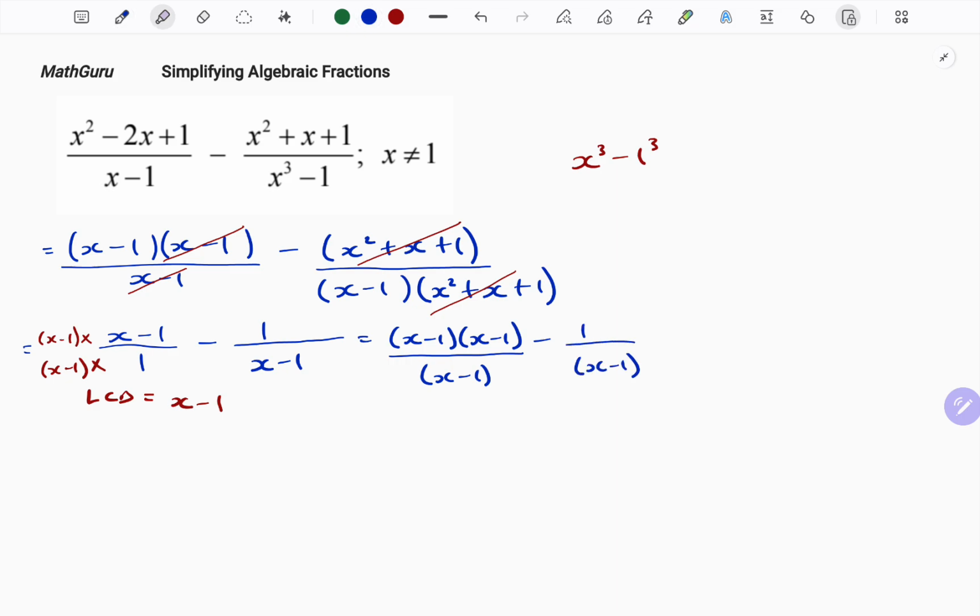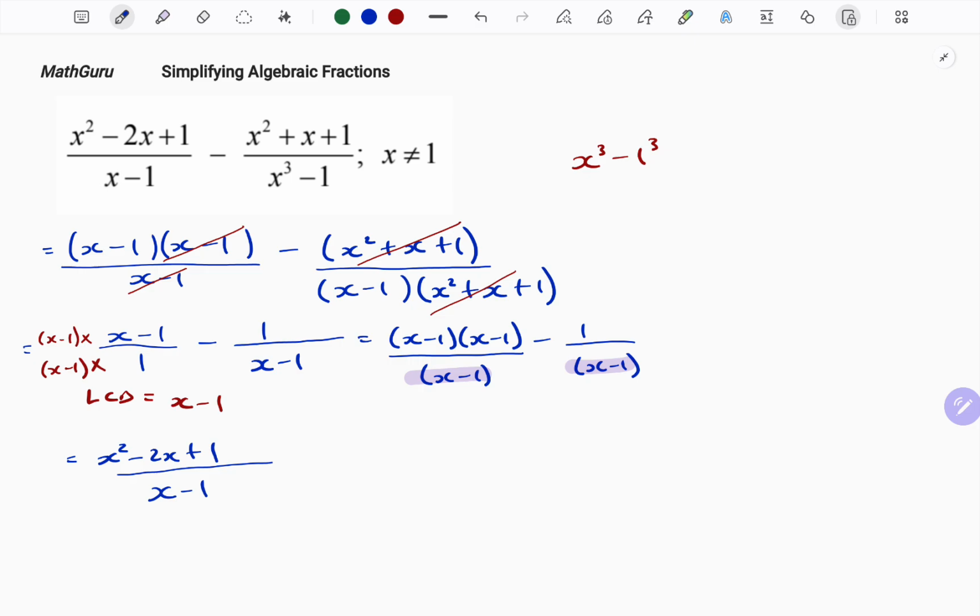Note that now I have the same denominator as shown, so therefore I'm going to place that under the same denominator as x minus 1, and then if I multiply x minus 1 times x minus 1 by foiling, I have that as x squared minus 2x plus 1.